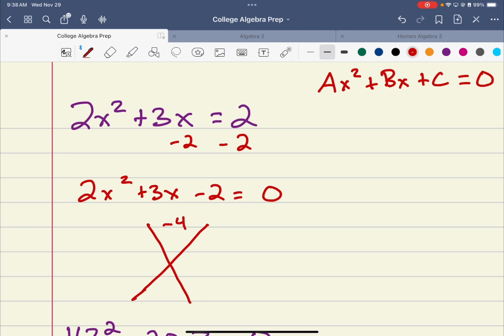What am I dividing by? 2. Because my a value is 2, so I'm dividing by 2. What goes on the bottom? 3. So I need two numbers that multiply together to be -4, that add together to be 3, because one of these is negative, one is positive. So positive 4, -1. Yep.